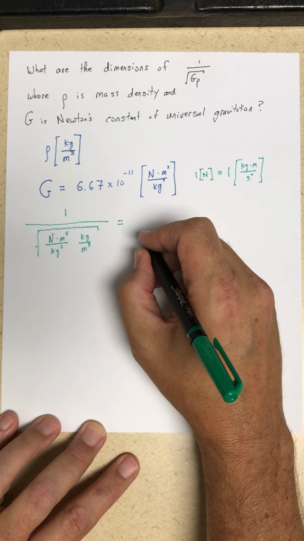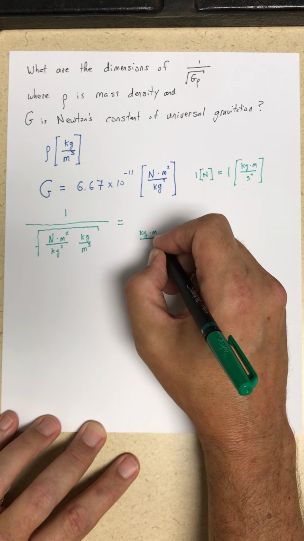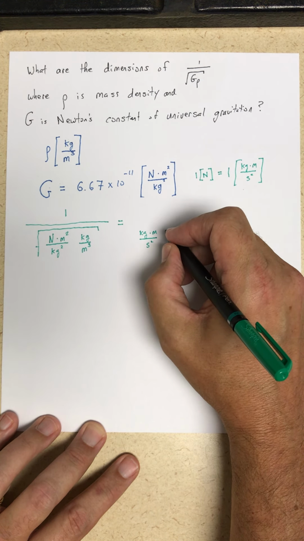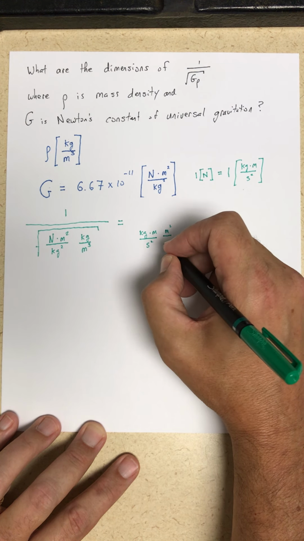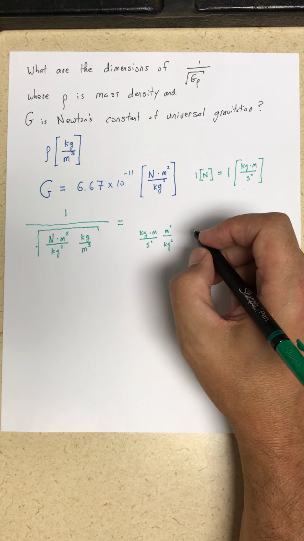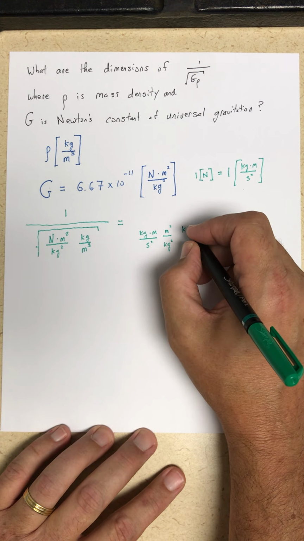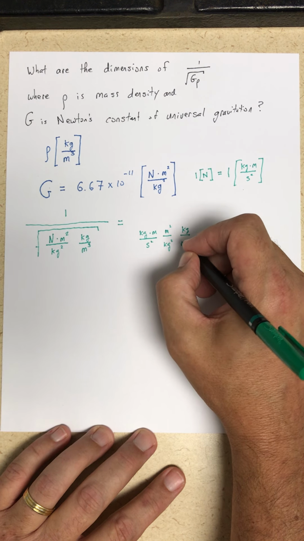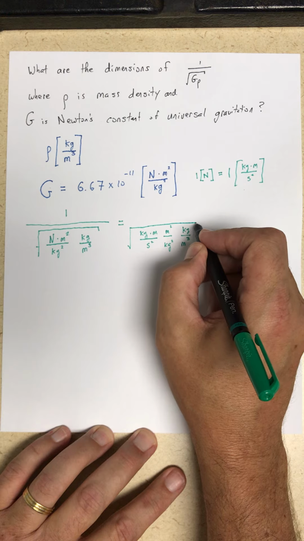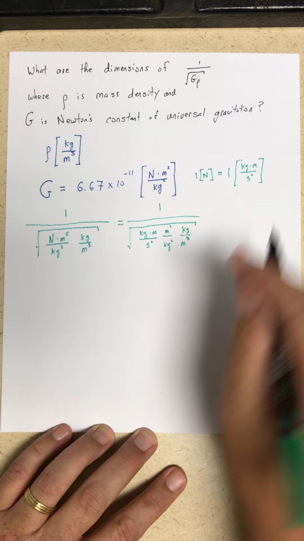I have a kilogram times a meter over a second squared, I still have a meter squared over a kilogram squared, and then from the units of density, I will have a kilogram per cubic meter. It's still all under the radical and all in the denominator.